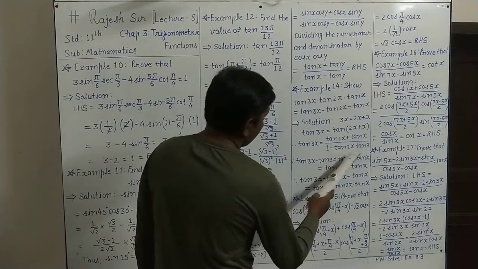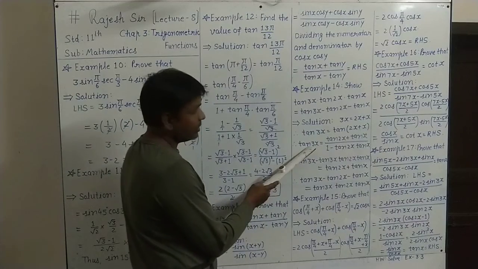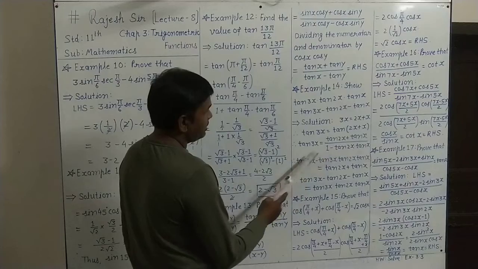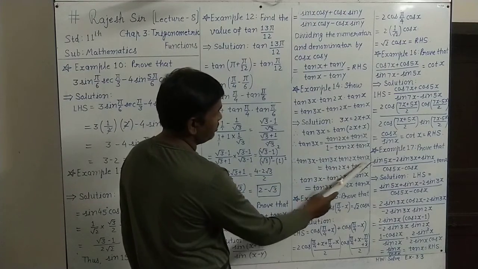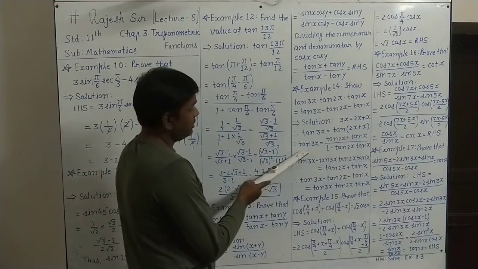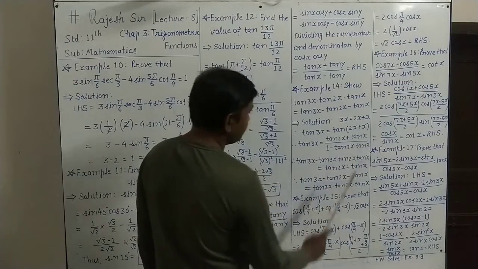Now just cross multiply: the whole denominator is multiplied by tan 3x on this side. So tan 3x into 1 is tan 3x, minus tan 3x into tan 2x into tan x. The whole denominator is multiplied on the left side, equals the right side, which has tan 2x plus tan x as it is.